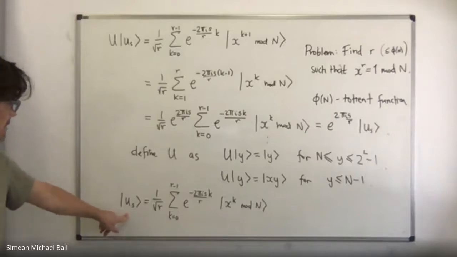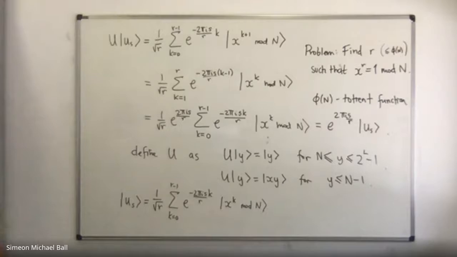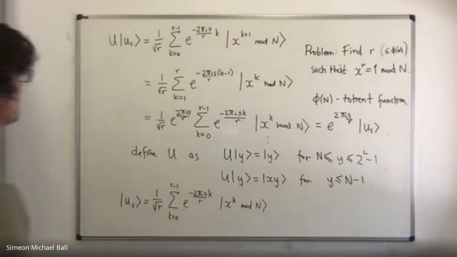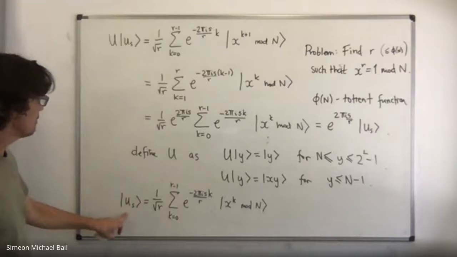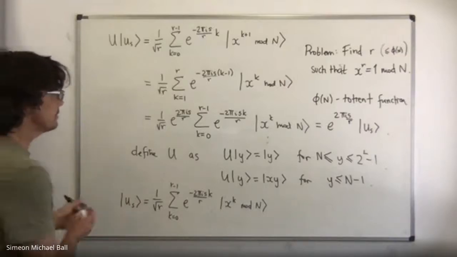But what happens if we sum u s, where s goes from 0 to r minus 1? Let's do that here.